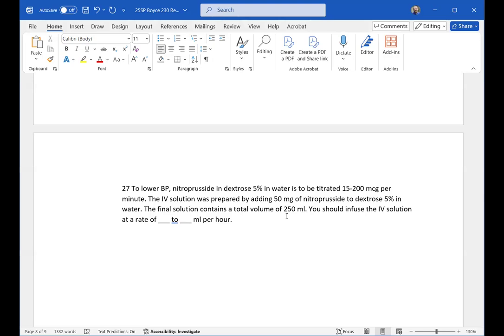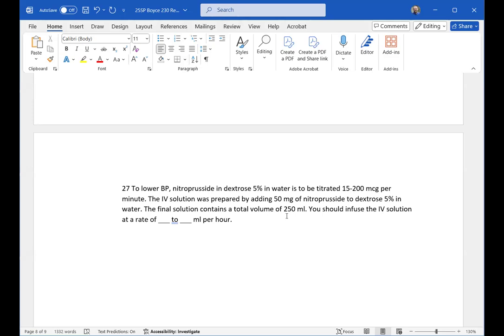A safe dose range just means that you have a high end and a low end, and you want to make sure that whatever's being prescribed is going to fit within that range. If it's above the range, it could be toxic. If it's below the range, it could be ineffective. And so if you're out of range, then it's probably not safe to administer that particular medication, and you consult with the physician to make sure that's the way they want to go.